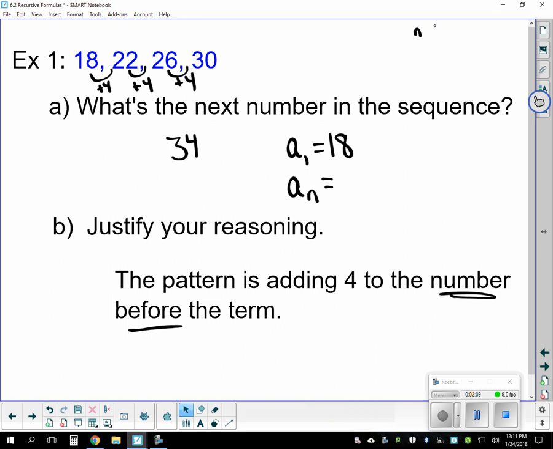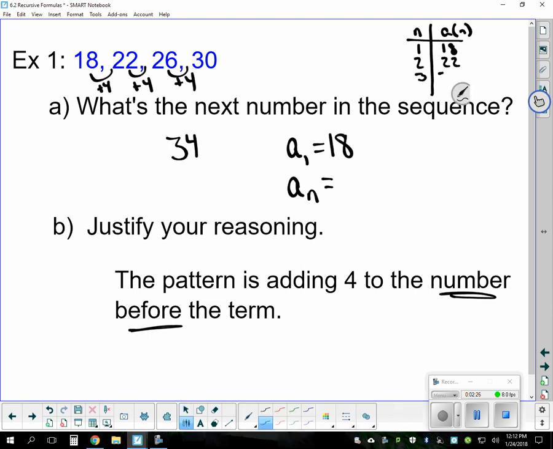So here's my n, here's my a sub n. Remember what that is. This is the number of the term, and this is the actual term. So the first term is 18, the second term is 22, the third term is 26, and the fourth term is 30.